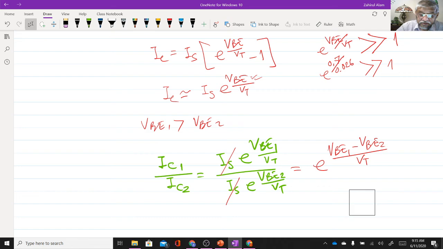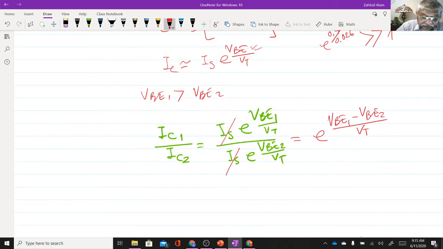So now, what is IC1? IC1 is I reference, and IC2 is equal to I naught.